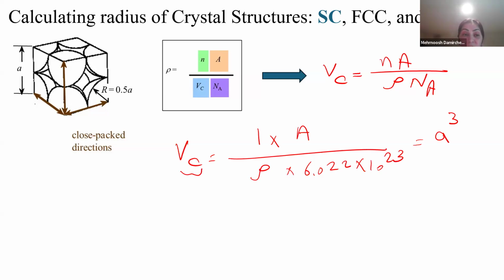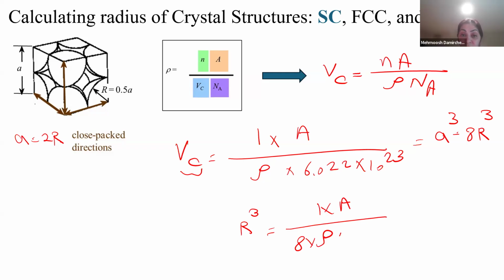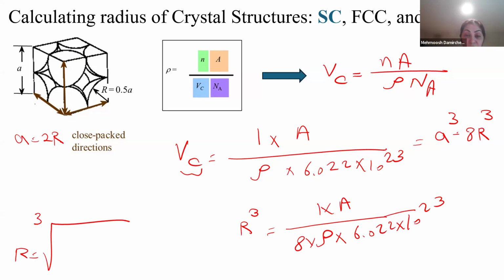We know A cube, and we know the relation between A and R. As I explained to you, A is 2R, so it should be 8R cube for this structure. What is R cube? It is this fraction: 1 times A over 8 rho and Avogadro number. And for R, we need the third root of this fraction.